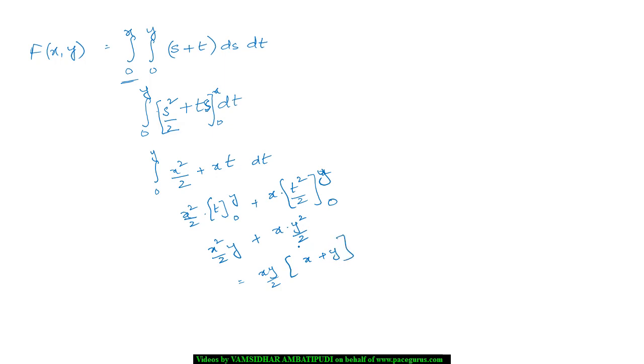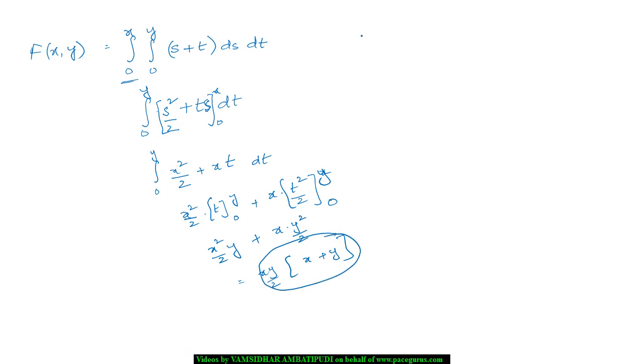So this is what comes out as my F of xy, integrating within that specific region. As long as x lies between 0 and 1 and y lies between 0 and 1, I'll get this as the zone.